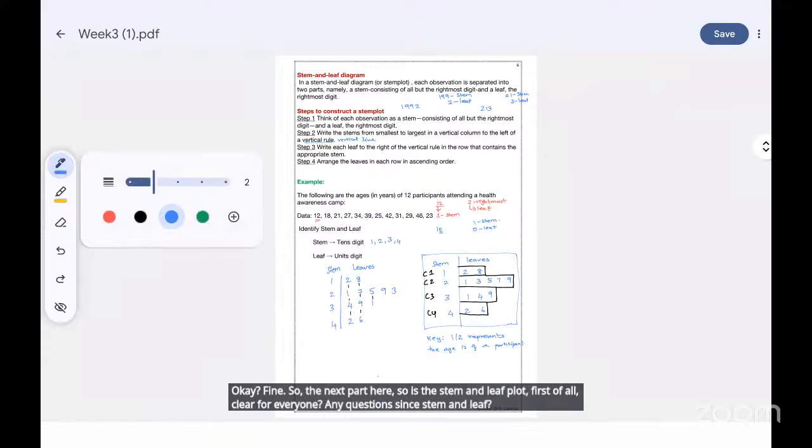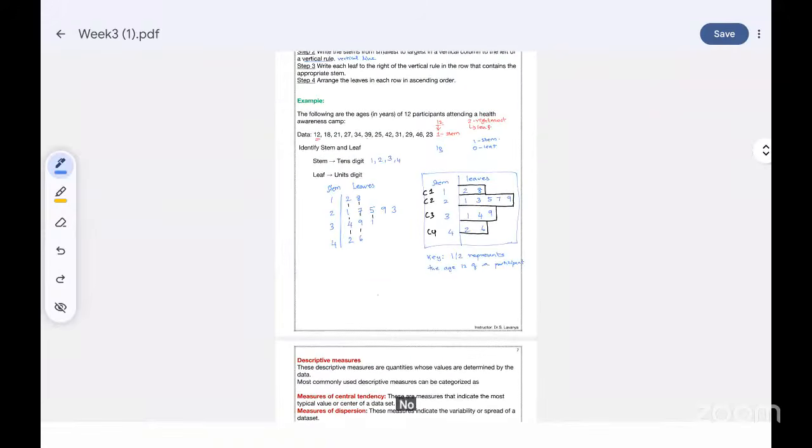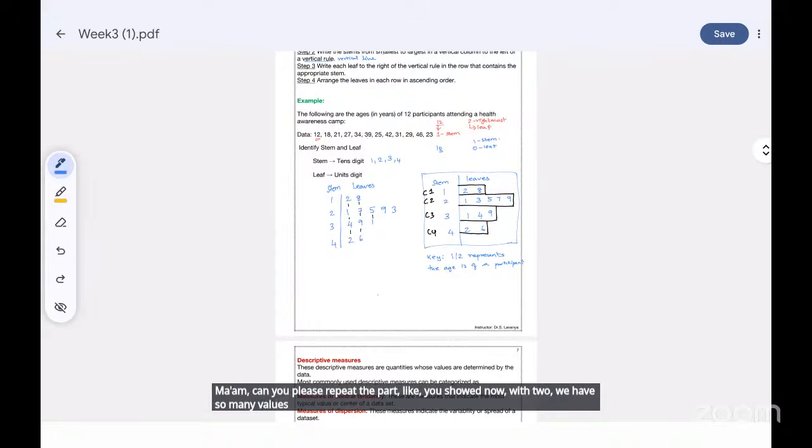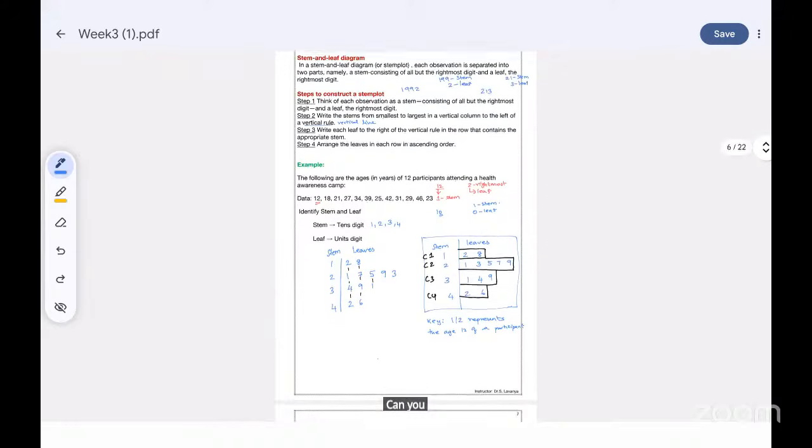No, ma'am. Excuse me, ma'am. Yes. Ma'am, can you please repeat the part where you showed one with many values? How did you do it, if with a single stem we have multiple leaves? Can you please explain that again?